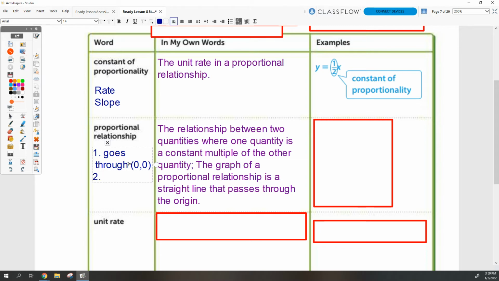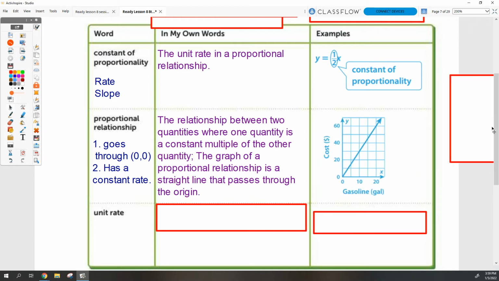Two, has a constant rate. So those are your two characteristics of a proportional relationship. And then example here goes through 0, 0 right down here, and then is a straight line, so it has a constant rate.